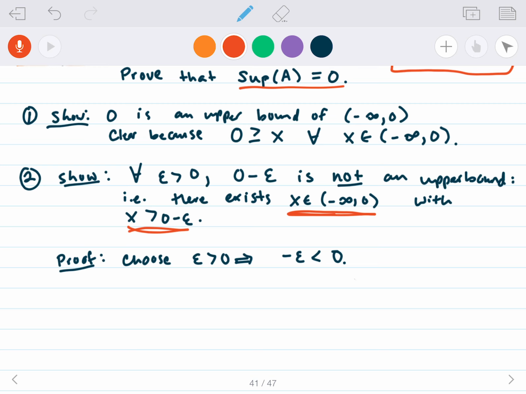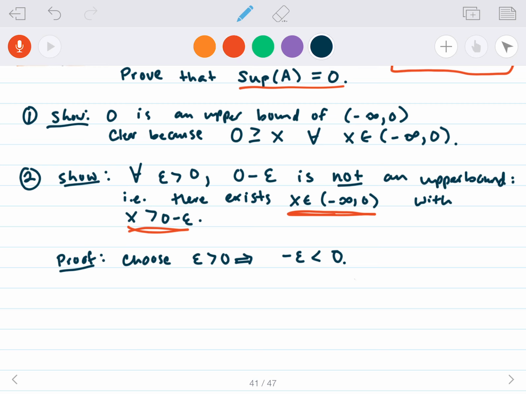And so if you think about it for a moment, we know that if epsilon exists, negative epsilon is less than 0. And so negative epsilon over 2 is bigger than negative epsilon, right? Because epsilon was assumed to be a positive number.